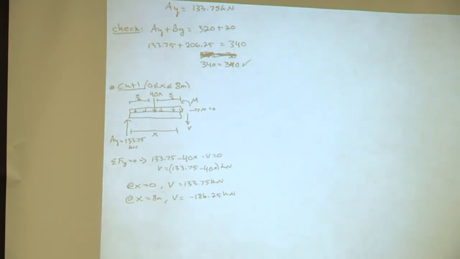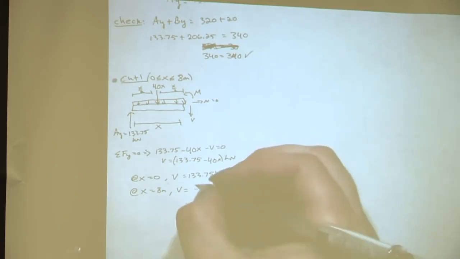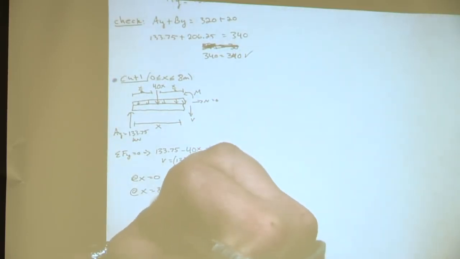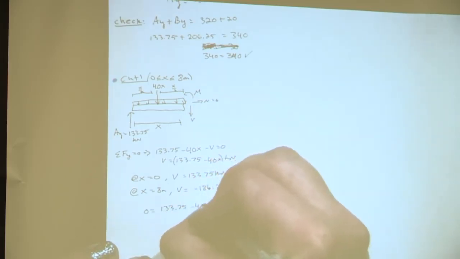We find where shear is 0. Okay, awesome. So we need to find where shear is equal to 0. And why is that important? It'll help us find the max bending moment. Yes. So max bending is where shear is equal to 0. So how do we solve for that? Make V equal to 0. Awesome. So we have 133.75 minus 40x.